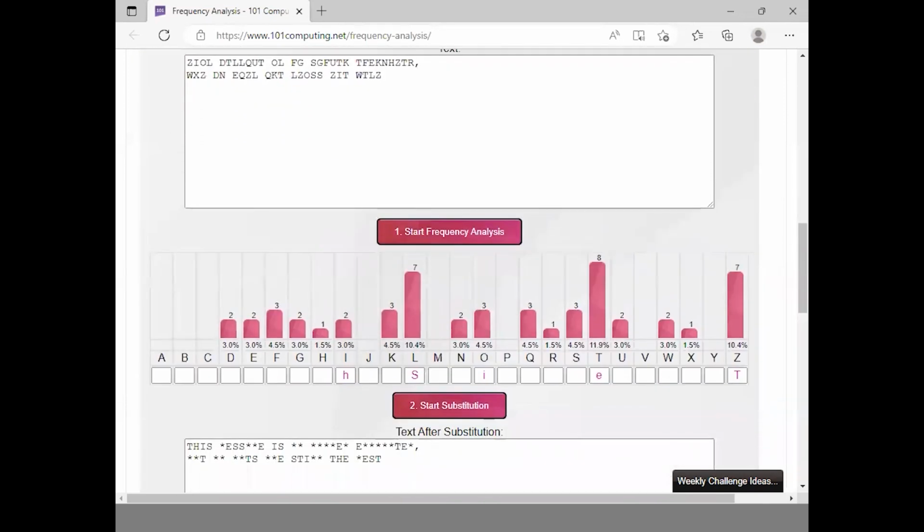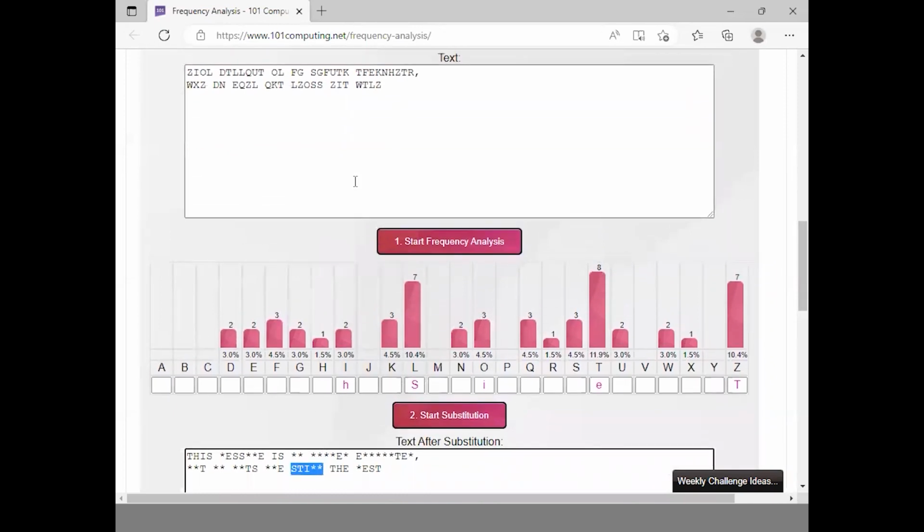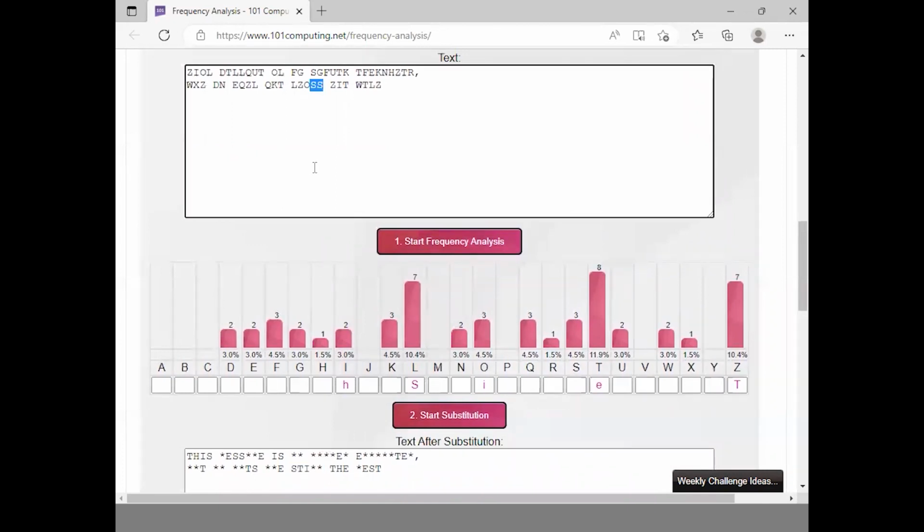So we can take a look at some of the other words that we've got right here. This word in specific, we notice that that's 2 letters right there. Frequency analysis tells us that that is probably going to be FF.